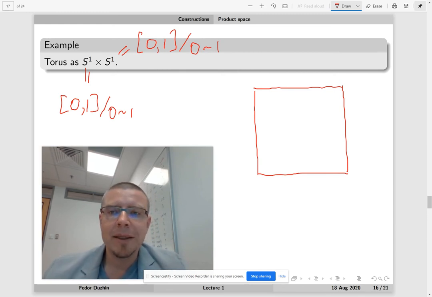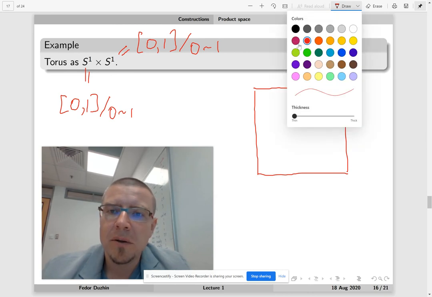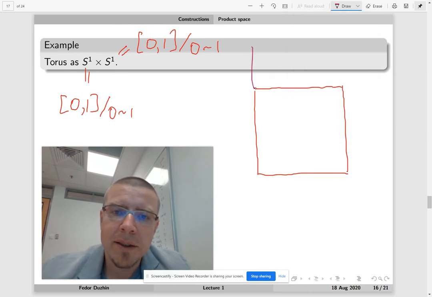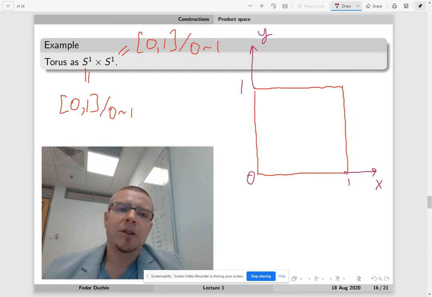But [0, 1] is an interval, right? So the Cartesian product of two intervals [0, 1] is a square in the plane. Let me draw an x-axis and y-axis. This is going to be x, this is going to be y. This is going to be 0, this is going to be 1, and this is going to be 1.